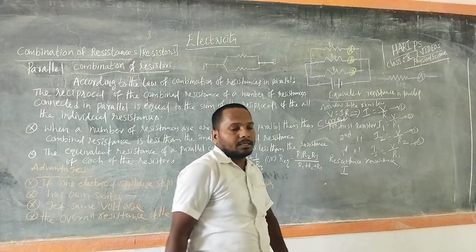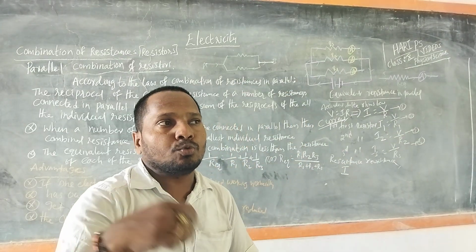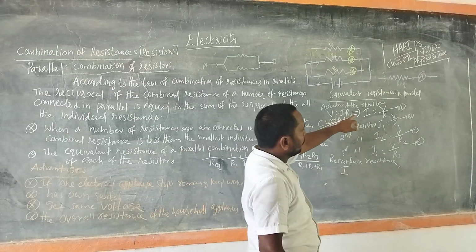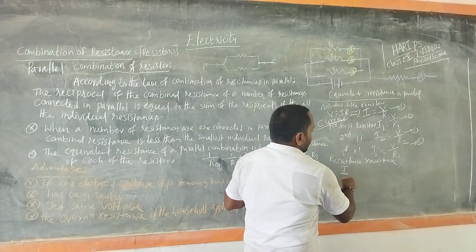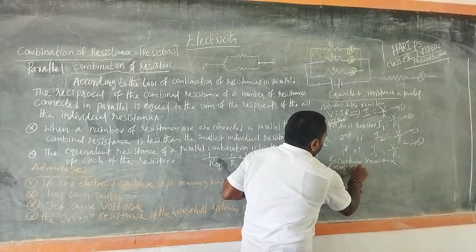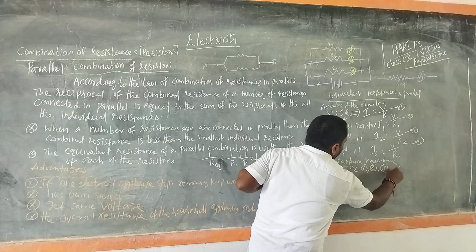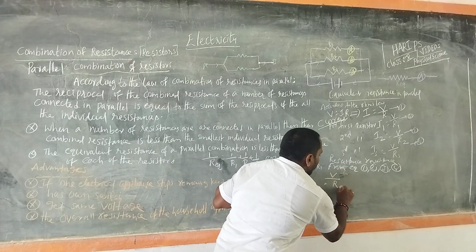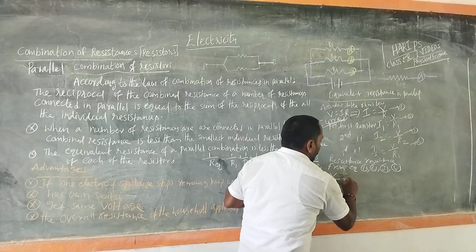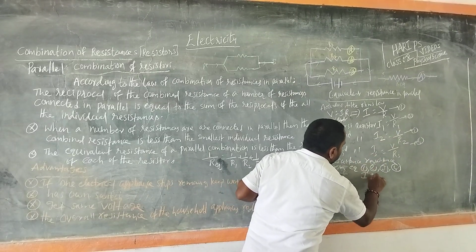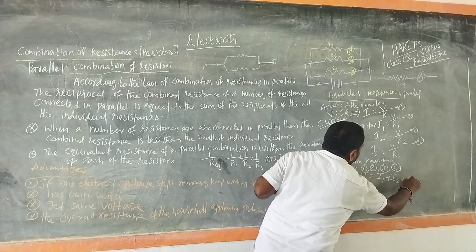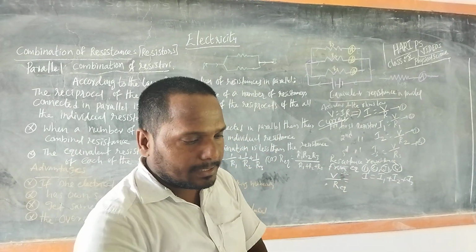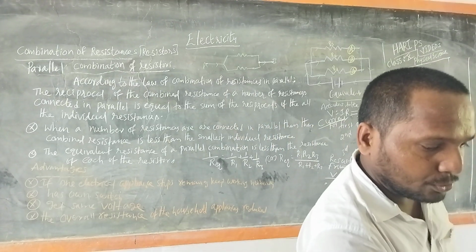To find the equivalent, resultant or combined resistance, from Ohm's law we get I is equal to V by R. From equations 1, 2, 3, 4, instead of the individual resistances we write R. So we can write I is equal to I1 plus I2 plus I3. To know the resultant resistance, first we need the total current passing in the circuit.